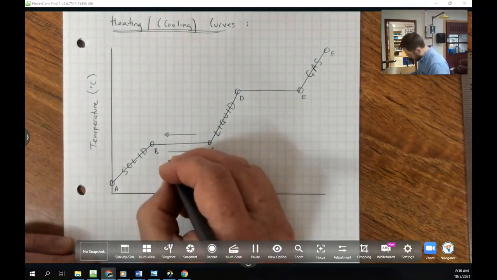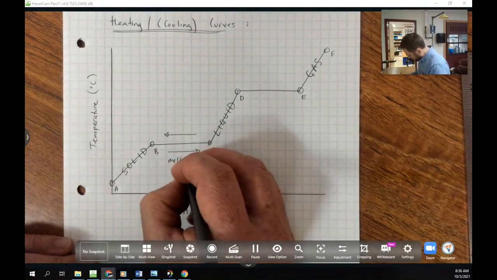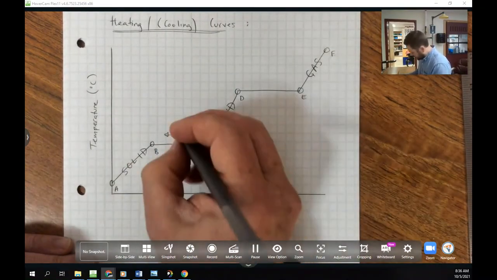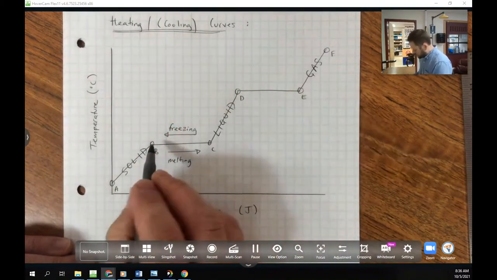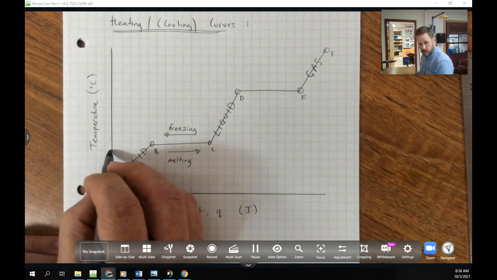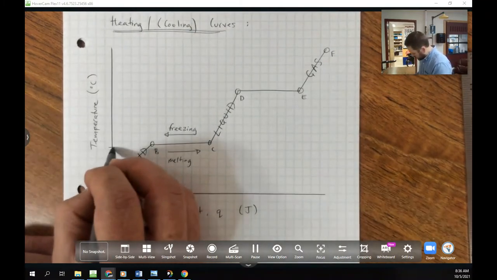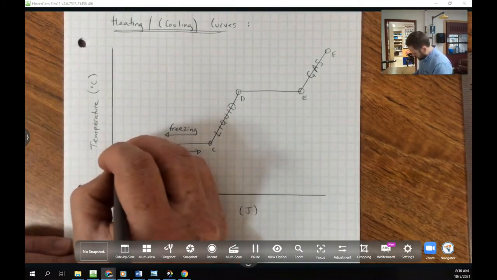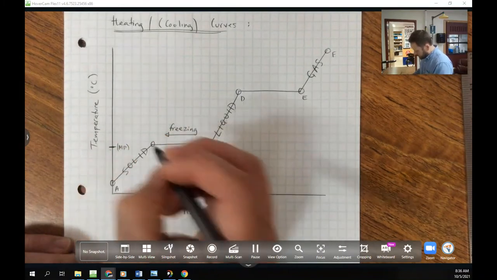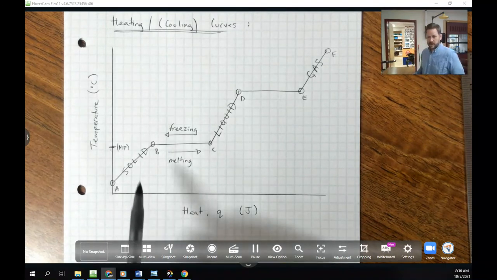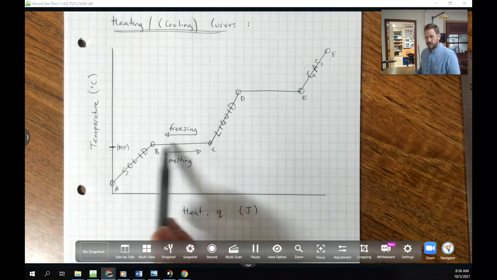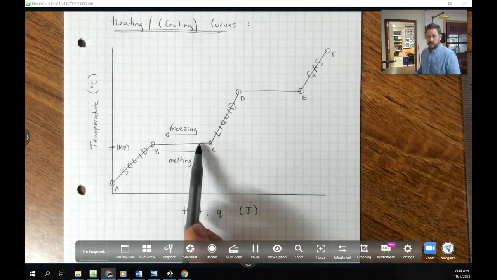So I'm going to write melting. If we're going from right to left, I'm going to write freezing. Because, of course, the melting point, which is what this temperature right here on the axis corresponds to, is the temperature at which both melting or freezing can occur. So I think it's important to note that at this temperature on line BC, both liquid and solid can exist.